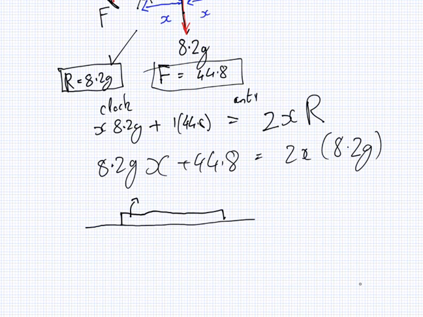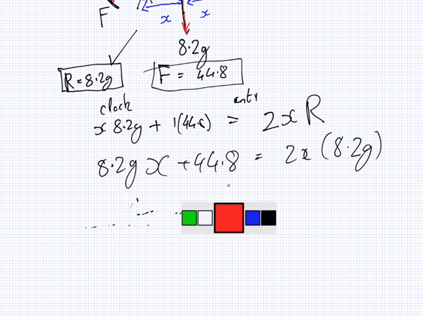Okay. Saeed, can you just type 8.2 g on the calculator, please? Tell me what number that is. Yeah, 8.2 g. And can you multiply it by 2?